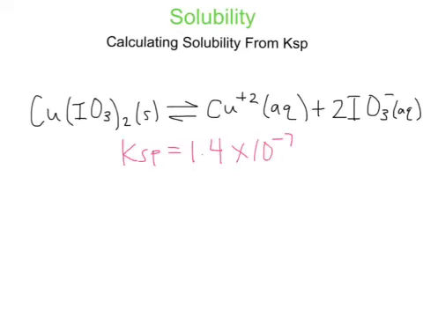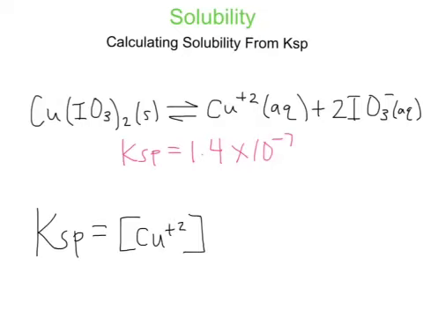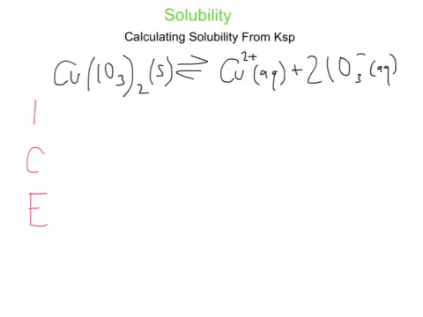If given the KSP value, the opposite process is needed to solve for the solubility of a solid. Again, start by writing out the KSP expression. The concentration of solid that dissolves will be represented by X. Using that, we can complete the ice chart for this reaction. Again, the concentration of the solid does not matter.